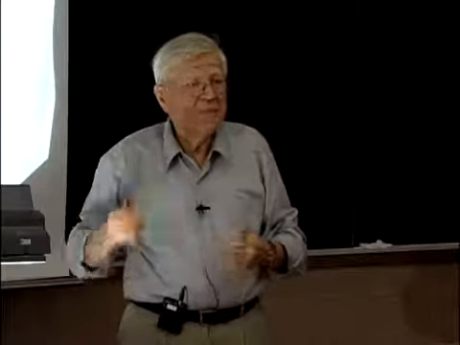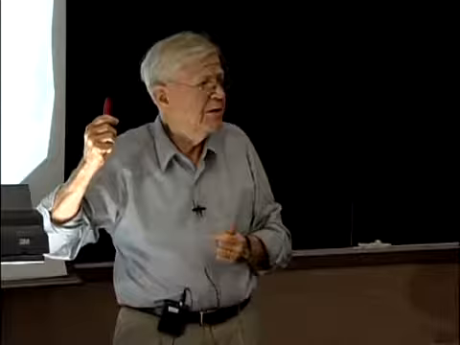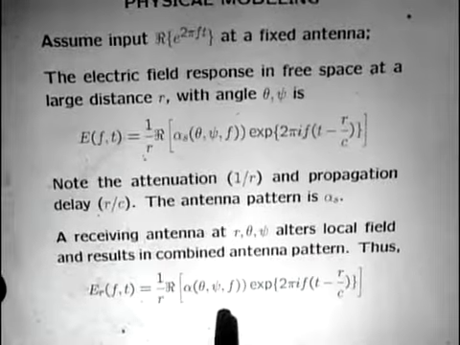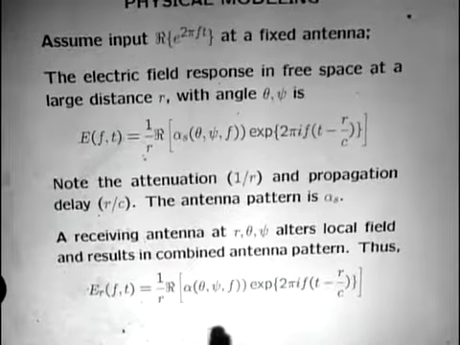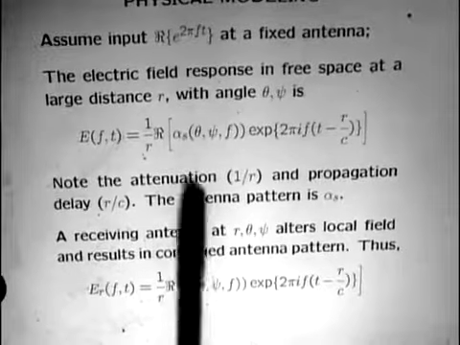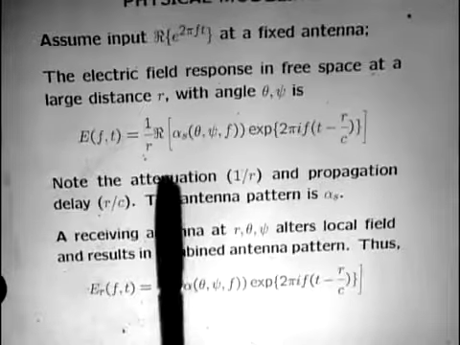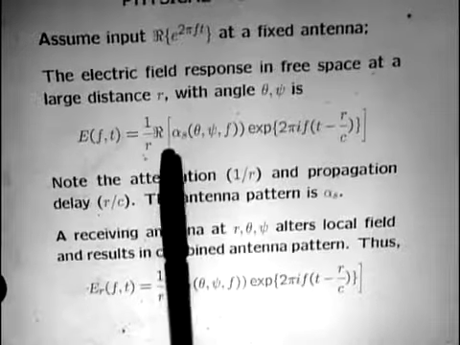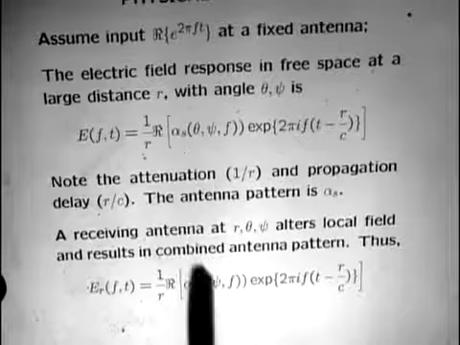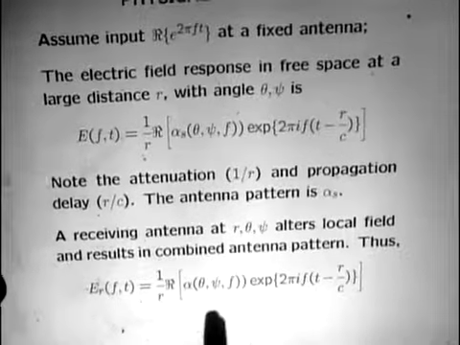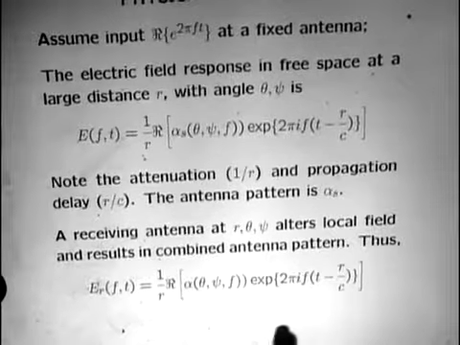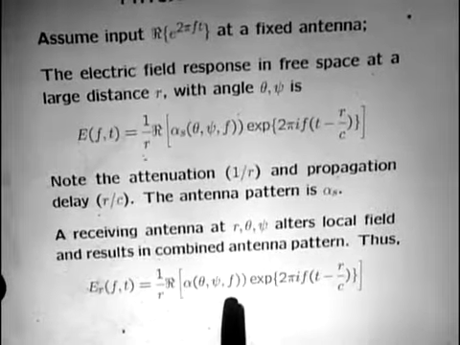So the only thing that's happening because of this receiving antenna is that there's some added antenna pattern due to the receiving antenna, namely some added attenuation, which multiplies by the attenuation in the source antenna. So you have both the source antenna pattern and a receiving antenna pattern. We put the two together. We call that alpha, and we don't bother about it anymore, except recognizing that it might change with frequency also.